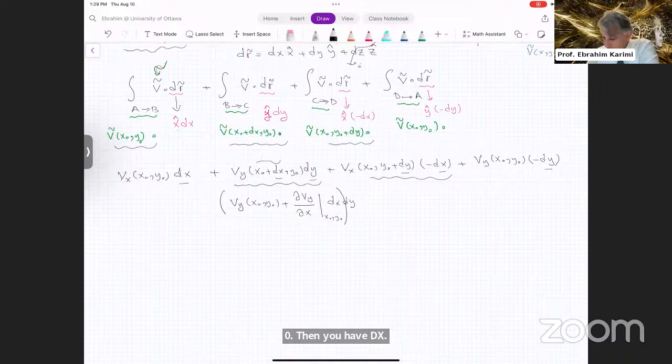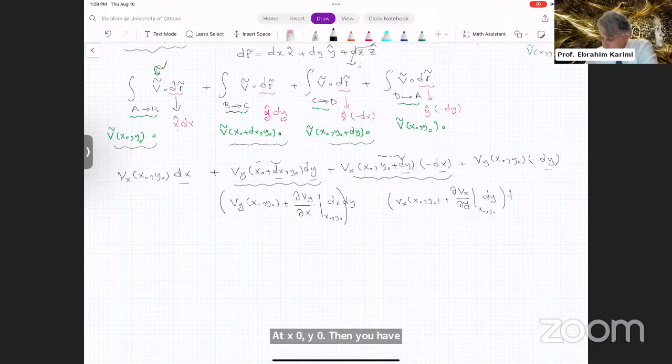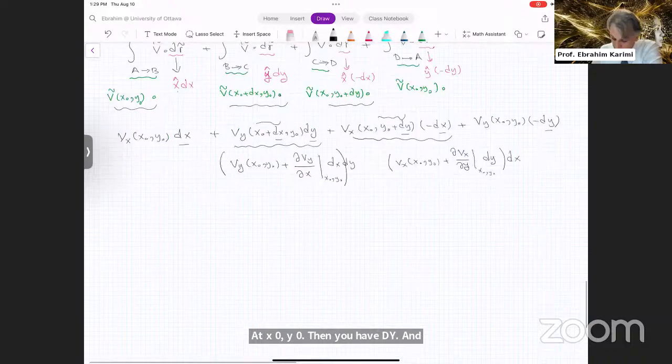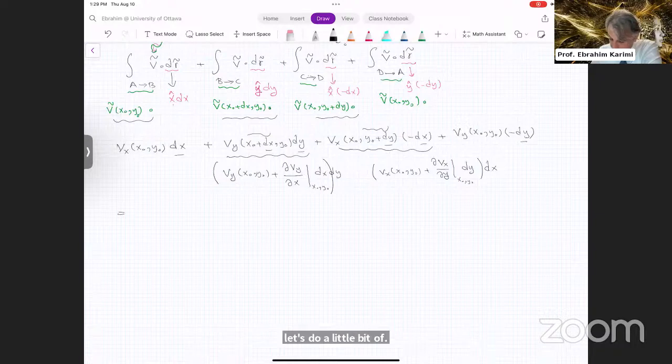You can do the Taylor expansion for that one as well. What you will get is vx at x0, y0 plus the derivative of vx with respect to the second argument, which is y, at x0, y0, then you have dy, then you have dx.